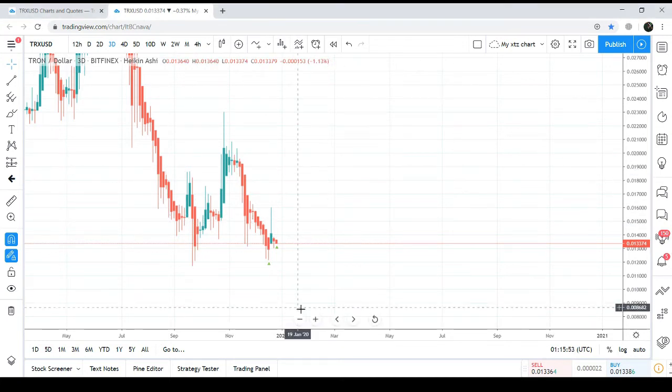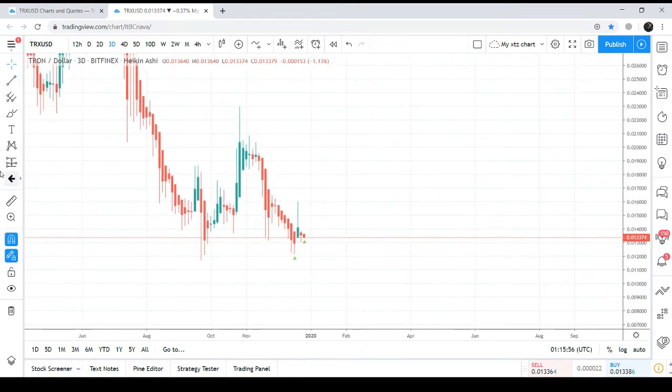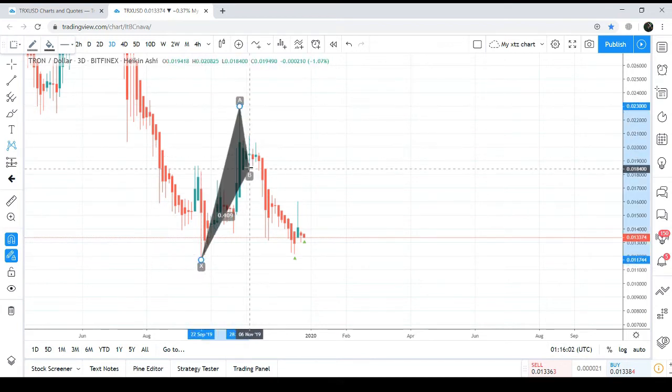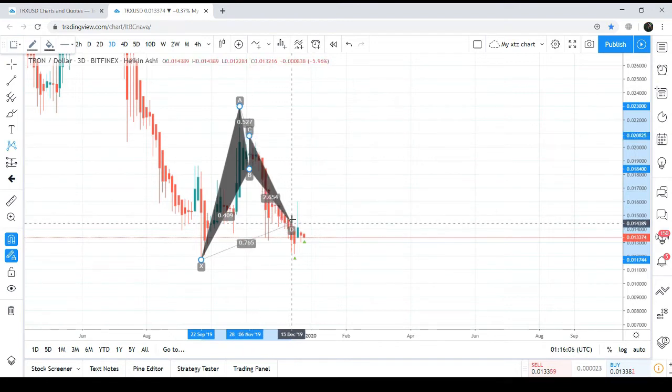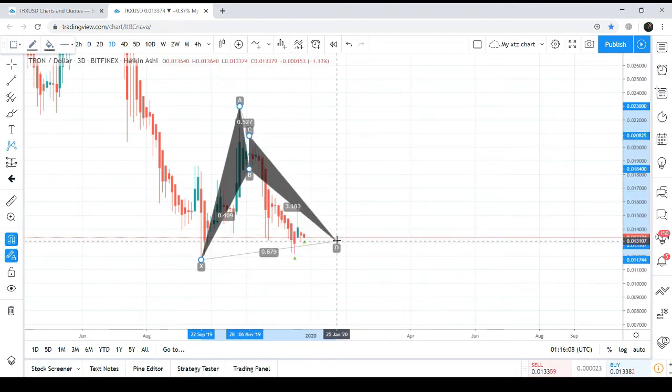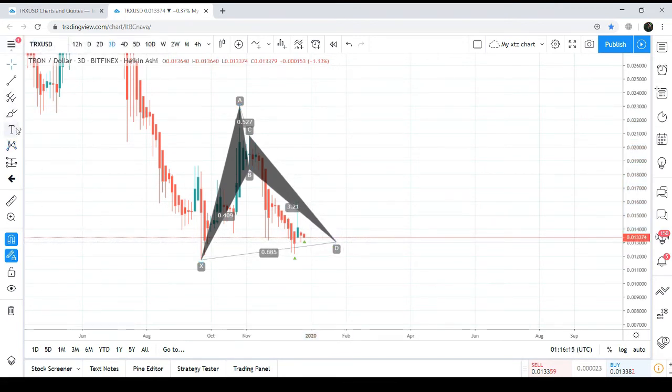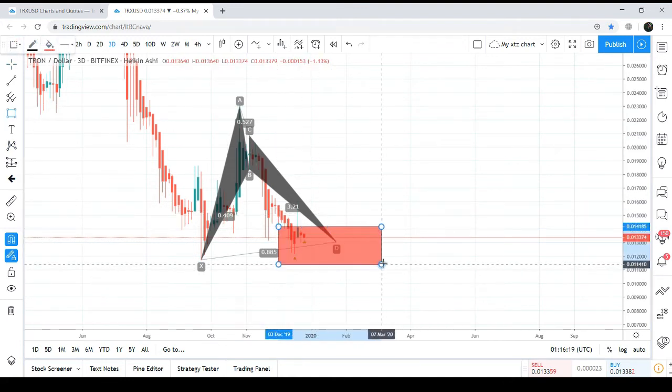We can see here the price action has formed a harmonic pattern move, and you can see here this is a bullish bat pattern, and this is the bullish potential reversal zone of this bullish bat pattern.